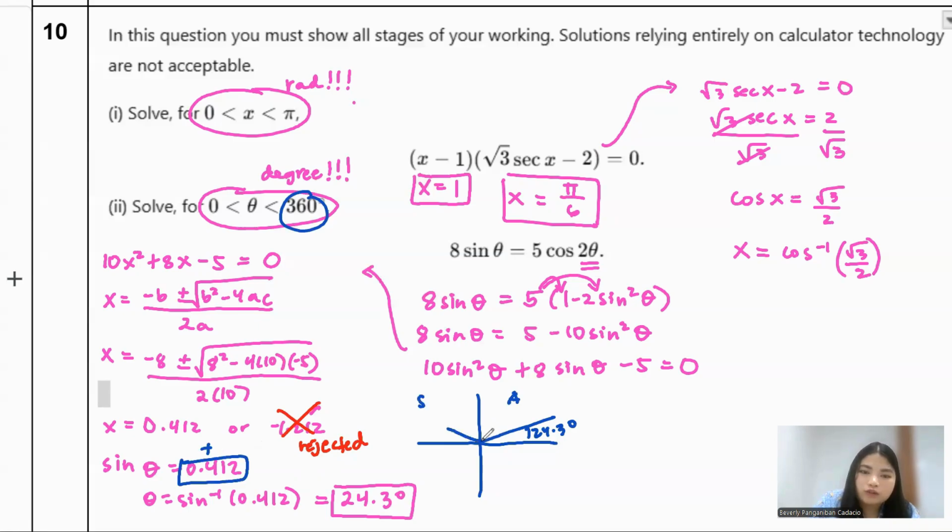So this one is also positive, which is this one is 24.3, but I also want to see this one, because we want the standard answer. So actually you can do 180 minus 24.3 and that will give you 155.7 degrees. And that's the two answers.